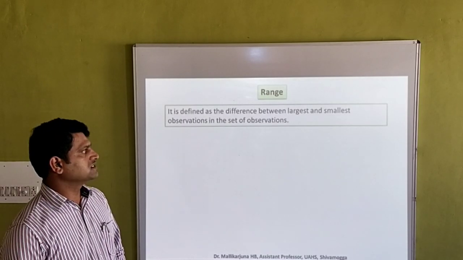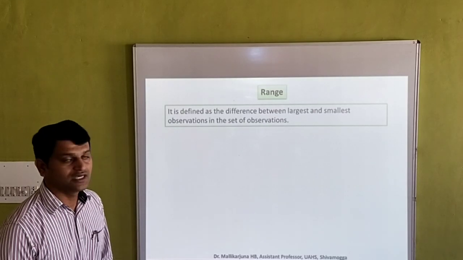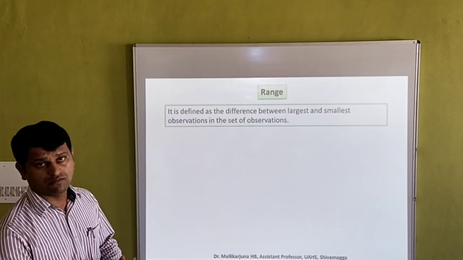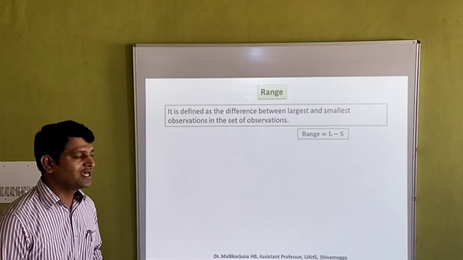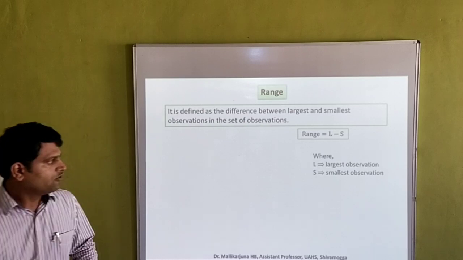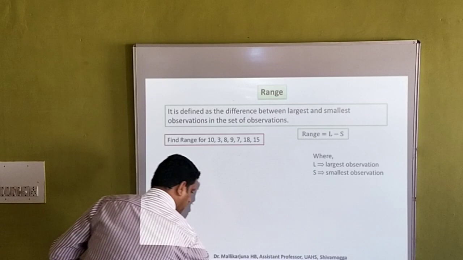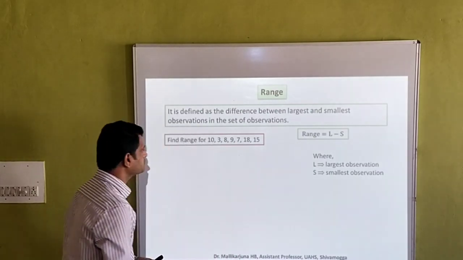Range is defined as the difference between the largest and smallest observation in a set of observations. Largest minus smallest, that is, range is equal to L minus S, where L is the largest observation and S is the smallest observation. Now find the range for this set of observations.